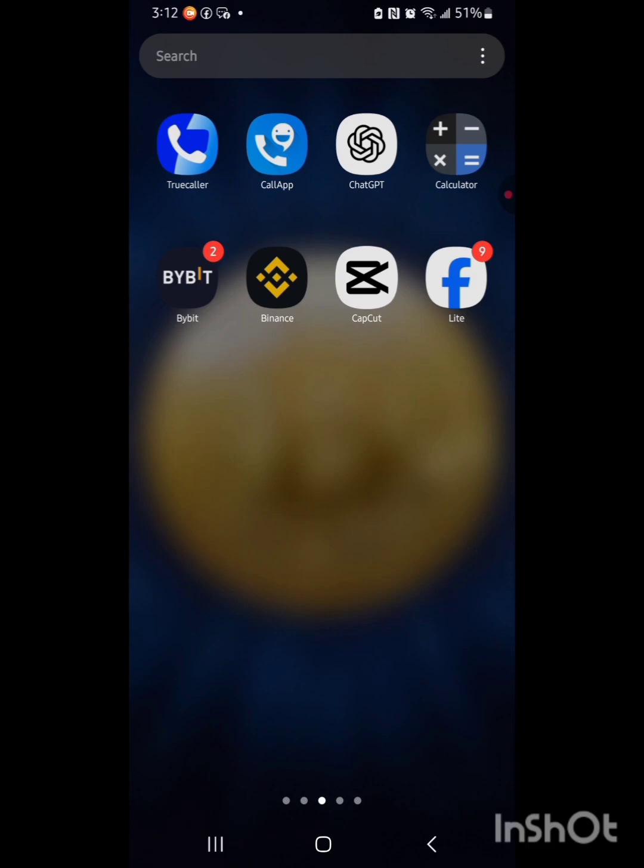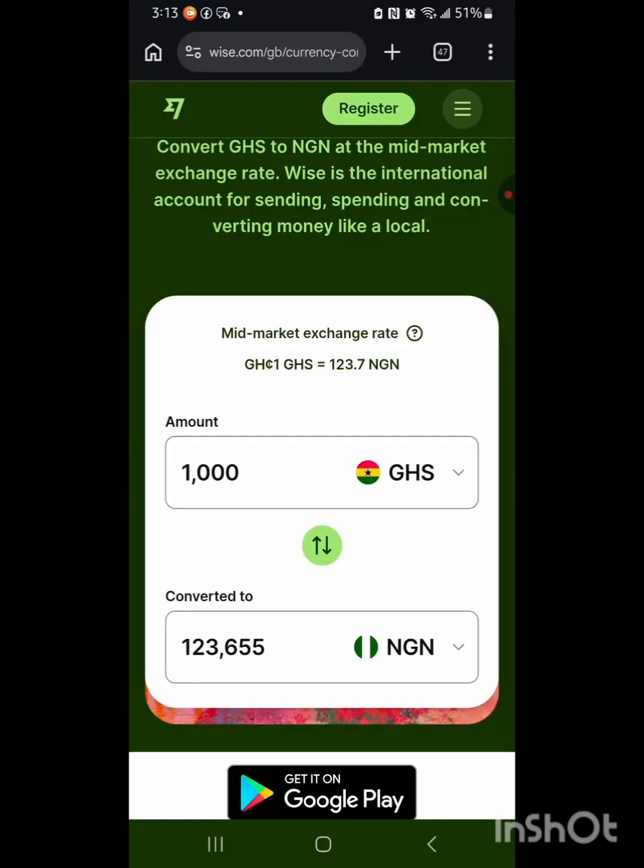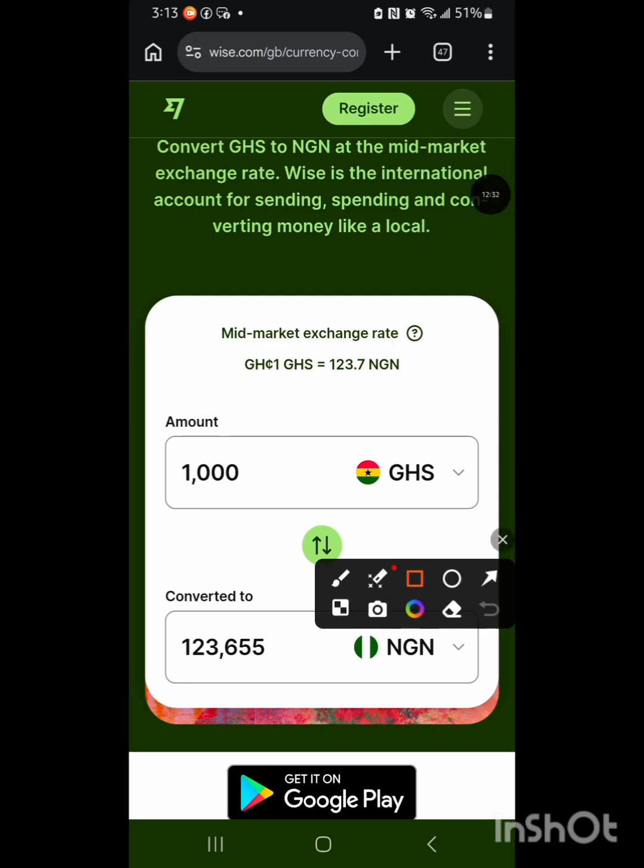Okay, because this money can now be withdrawn to a physical Ghana cedis, or either you transfer it to another Momo account from your initial Ghana Momo account. So this person will now give you the equivalent of that Ghana cedis in Naira. And the exchange rate, currently the general exchange rate is from the wise.com website, this is the rate that pretty much everybody usually uses, because this is what we call the black market rates.